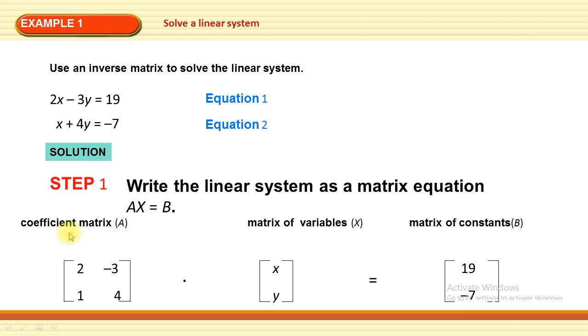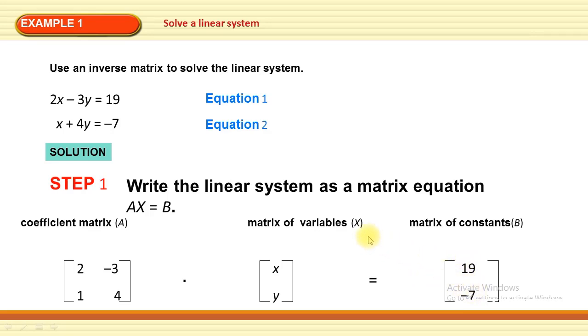So A represents the coefficient matrix, capital X represents the matrix of variables which are unknown, x and y, and matrix B represents the matrix of constants which are on the right hand side. So matrix B is 19 minus 7.